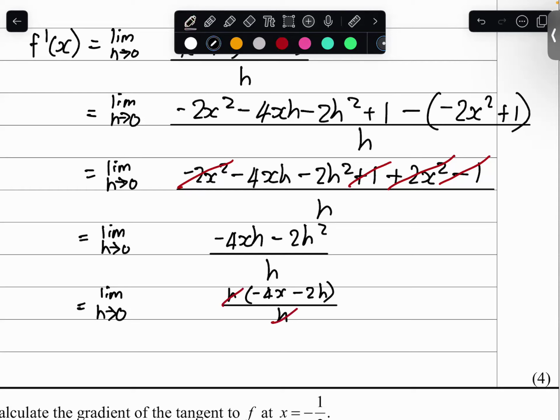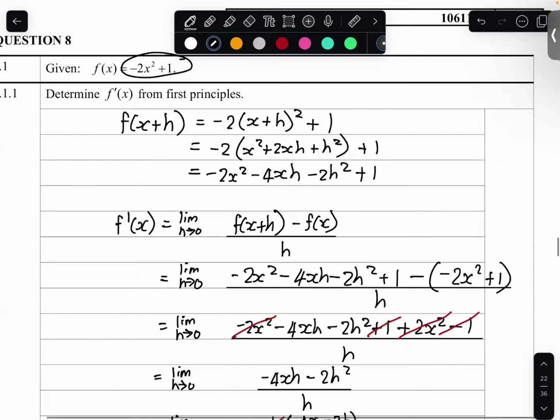And in this step, you can drop the limit because in this step, I'm going to replace the h in my equation with a 0. So only in the step where you are replacing the h to be a 0 can you then drop the limit, and then you get your answer of minus 4x, and that is f prime x using first principles.